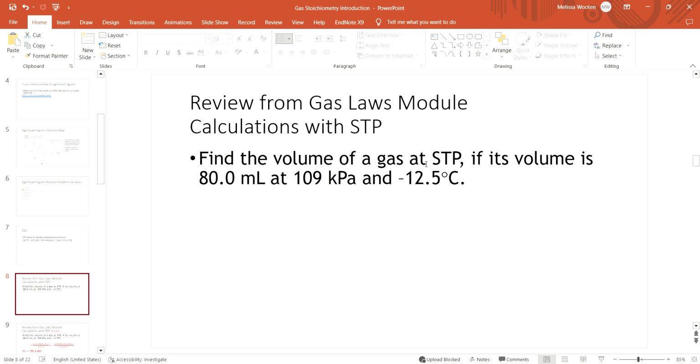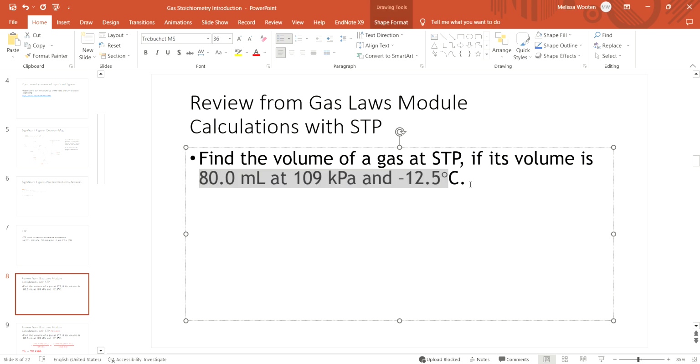These 3 things need to be either the 1s or the 2s. You need to keep them together. So these 3 would either be 1 or 2, and the standard temperature and pressure that you're given will be 1 or 2. And your unknown volume is going to be with the standard temperature and pressure when you set up this formula. So pause the video, take a stab at it, and then I will go over the answer.